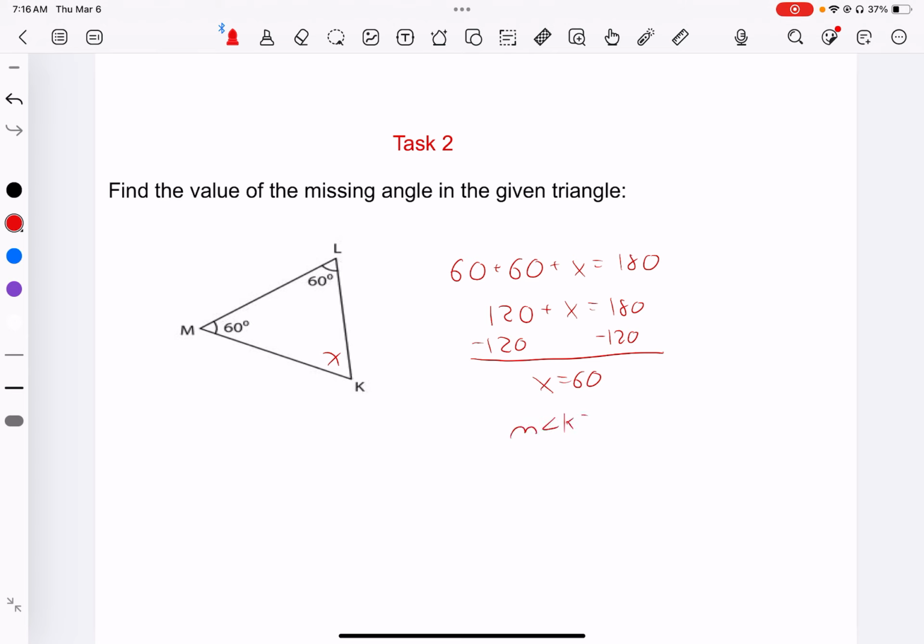So the measure of angle K is equal to 60. I notice in this triangle, all the angles are equal to each other. So that means this triangle would be an equiangular triangle because all the angles are congruent. And since it's equiangular, it is also an equilateral triangle.